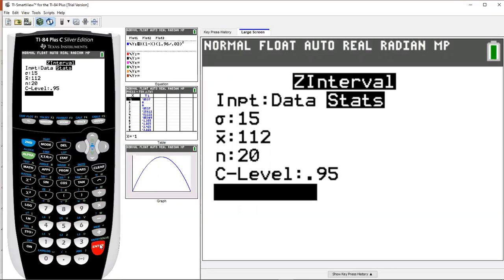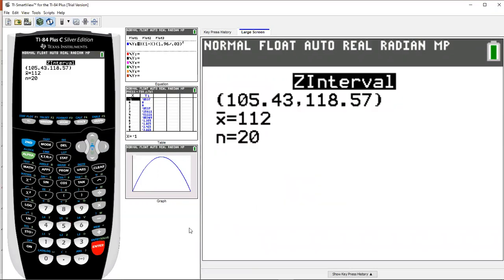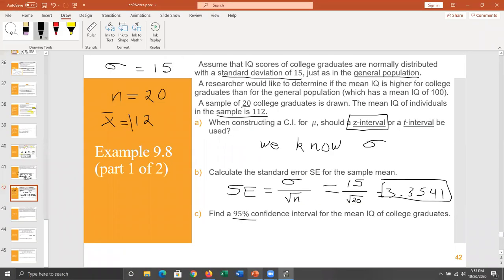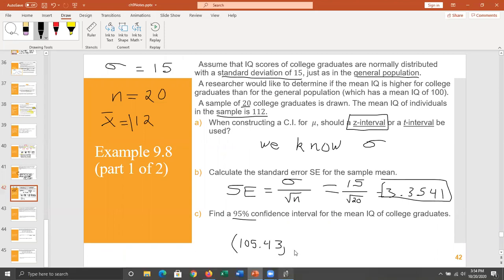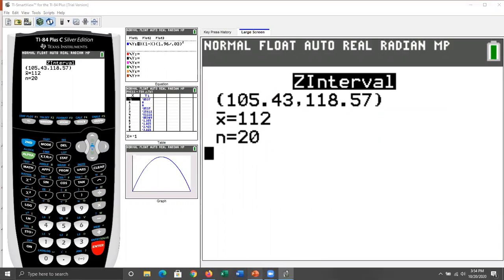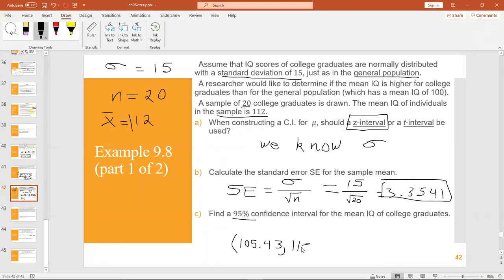You go ahead and calculate this. 105.43, and then the other end is 118.57. So that's your confidence interval for that one.